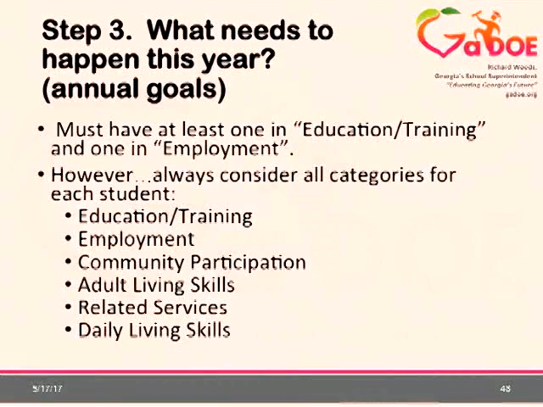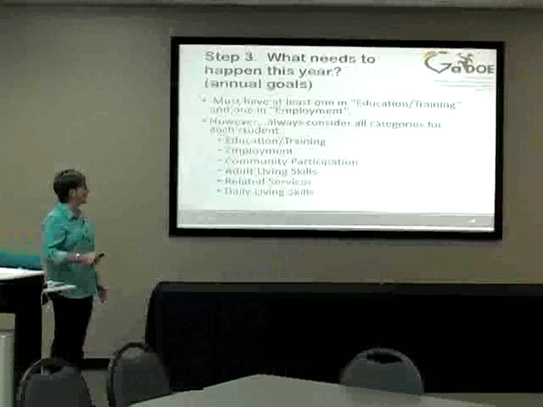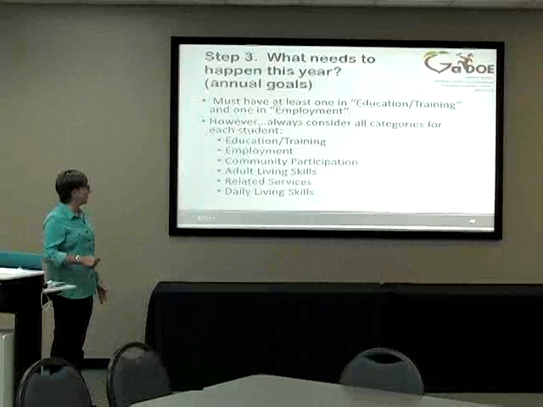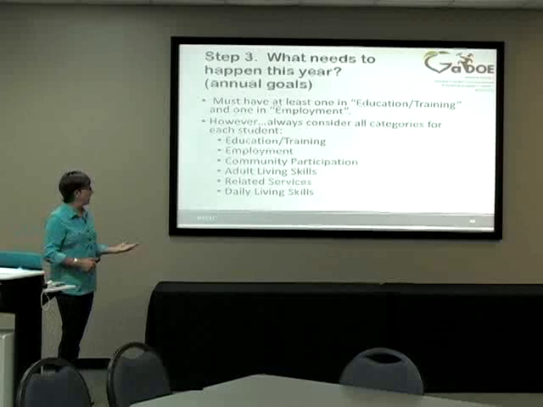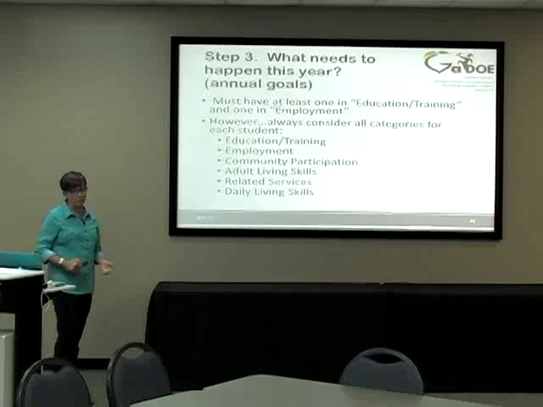And I want you to remember that it's not a good idea to take shortcuts and just consider these first 2 categories. Always consider all of them for all of your students. It may be that you don't have to look at all of these other ones, but always consider them. Now, we've already talked about these, but I'm going to elaborate a little bit more.